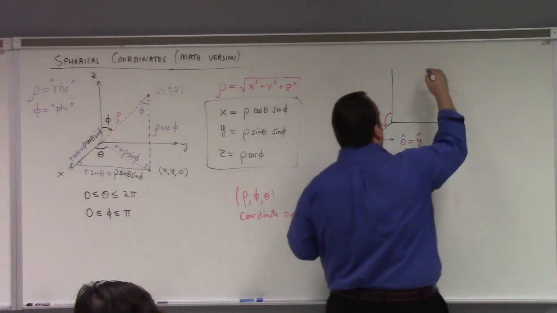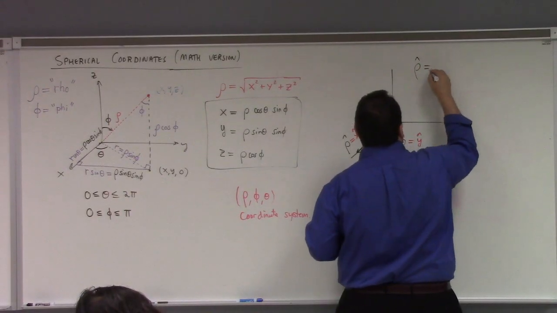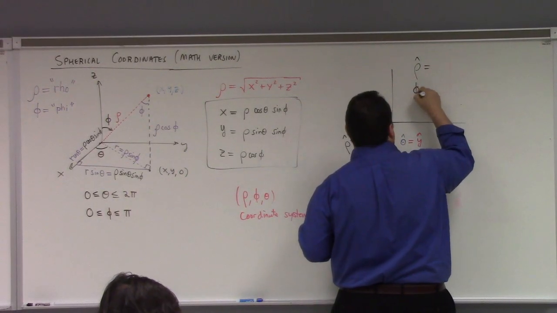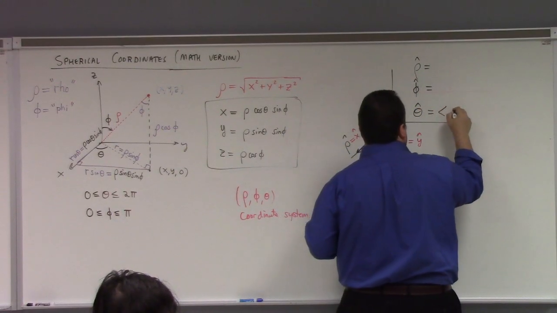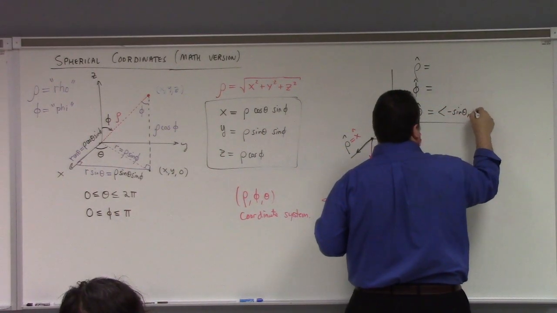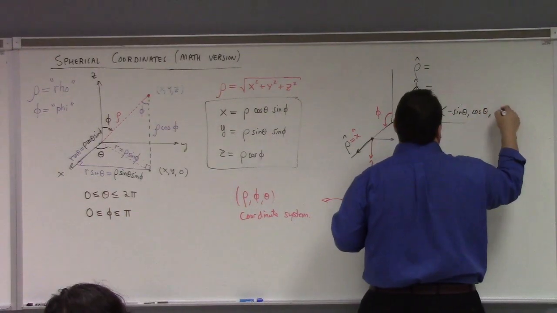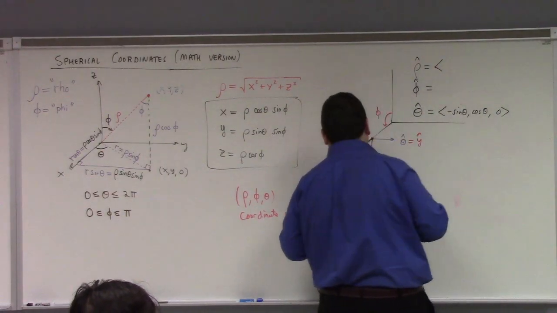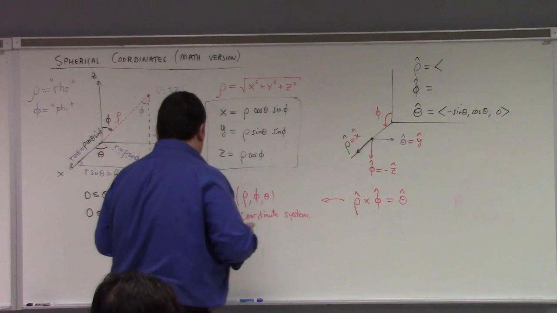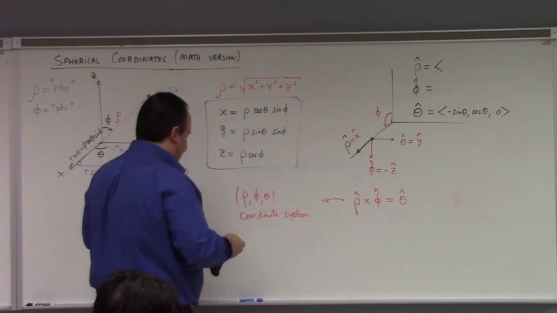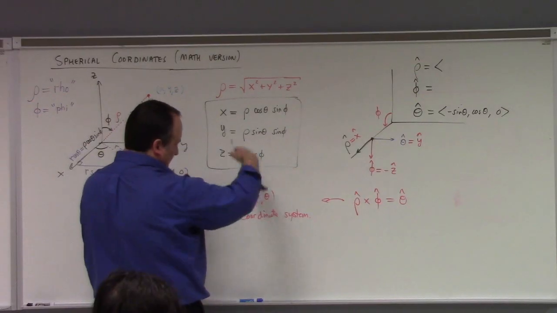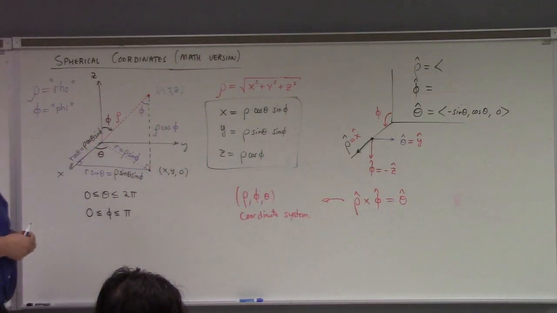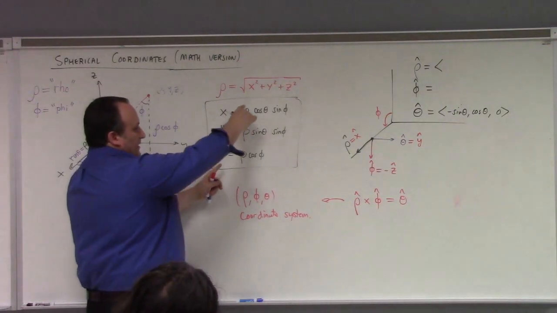I can tell you, theta hat is still minus sine theta, cosine theta, 0. Phi hat is a little bit complicated. Rho hat, if I were to picture it, is radially out from the origin in every different direction all at once. And so to get the formula for it, all you got to do is put rho equal to 1.